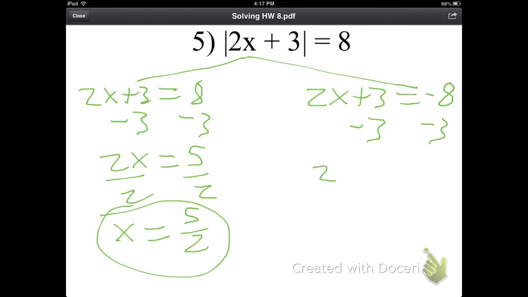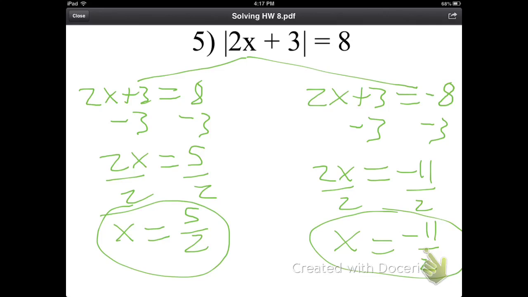Subtract 3. Now we've got 2x equals negative 11. Divide by 2. x equals negative 11 over 2, or negative 11 halves, or negative 5 and a half. Okay? Absolute value equations have 2 answers, and ta-da, we found them.